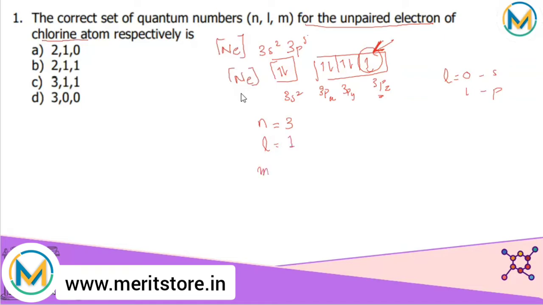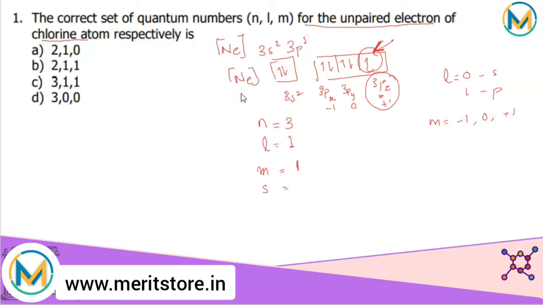Now we are supposed to look for m. For m we have -1, 0 and +1. That means this px is -1, this 0 and this is +1. So for pz the m value is +1. So here also we have 1. And s.